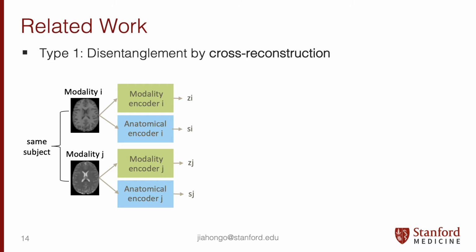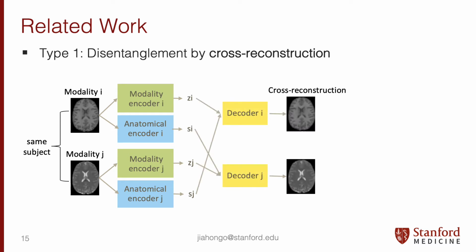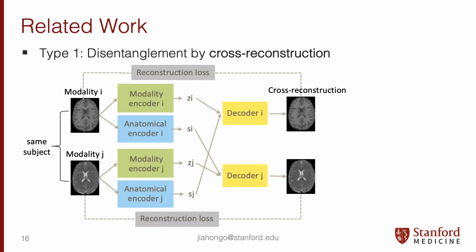Each of them goes through a modality encoder and an anatomical encoder to get the modality representation Z and the anatomical representation S. These Z and S can be mixed and matched, and then go through a decoder to achieve the cross-reconstruction. This type of method attempts to achieve disentanglement by minimizing the cross-reconstruction loss.